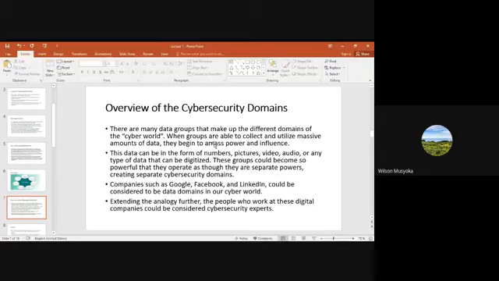These groups, these companies, are able to collect and utilize these massive amounts of data and they begin to amass power and influence. They can determine the way you think, who is going to advertise to you, and what is being advertised to you, because they are able to profile you as a user. Think of your online profile on Facebook, how it is being used.